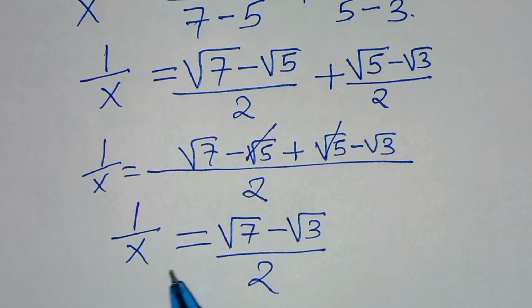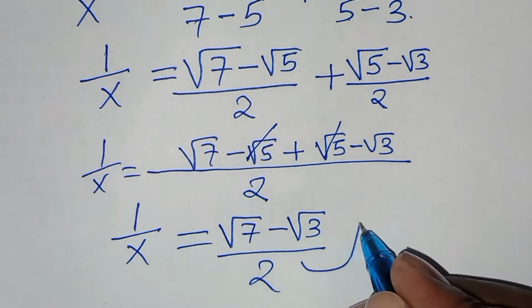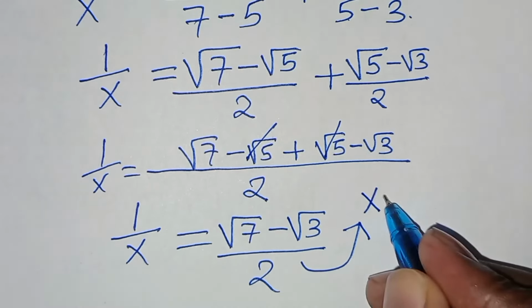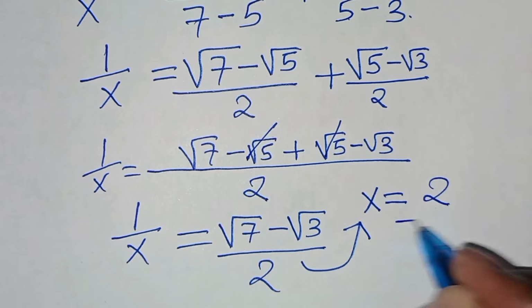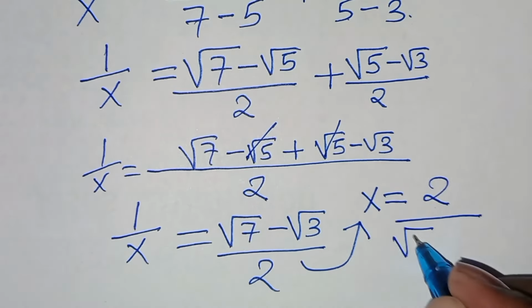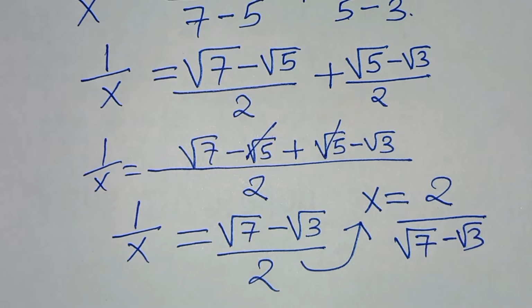So this is 1 over x. Let's solve for x. So this implies that x will be equal to the reciprocal of this, which is 2 over square root of 7 minus square root of 3. So let's proceed.